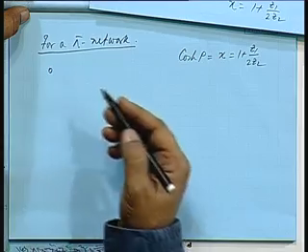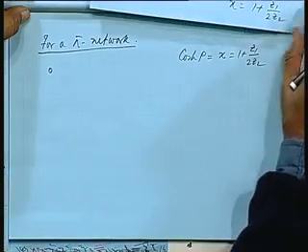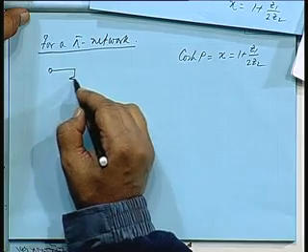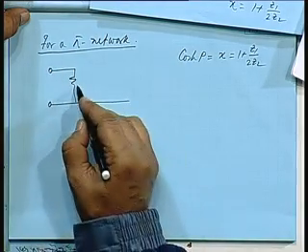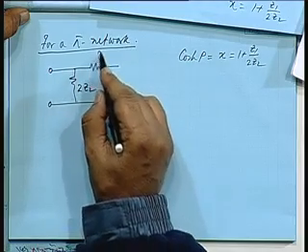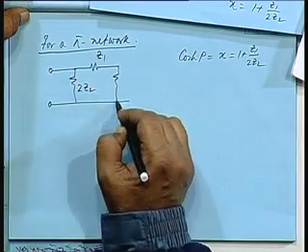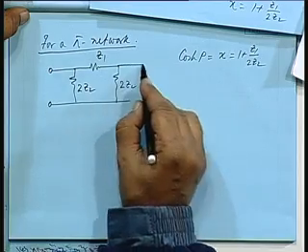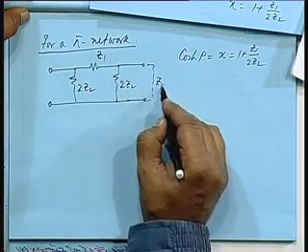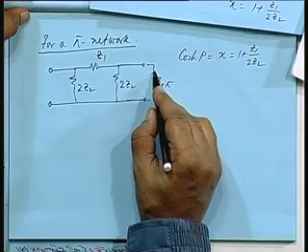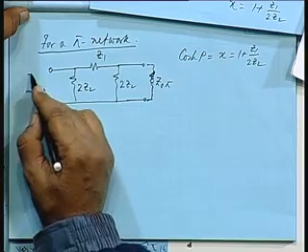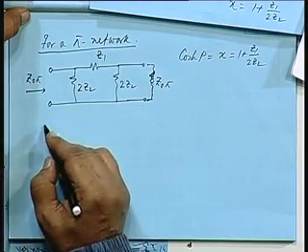Let us see for a pi network what will be the situation. For a pi network, similarly, we can go by the short circuit and open circuit test. Short circuit and open circuit impedances are evaluated, and you can get the characteristic impedance. What will be the characteristic impedance? If I call it Z naught pi, this is the impedance Z naught pi. The impedance seen from this side is also Z naught pi. What is that Z naught pi?